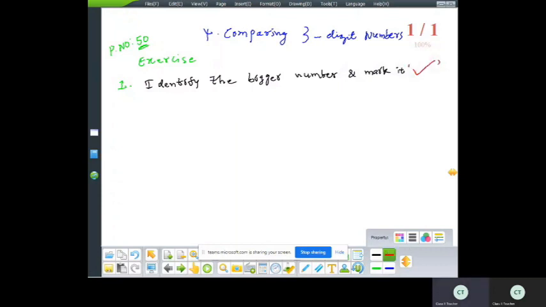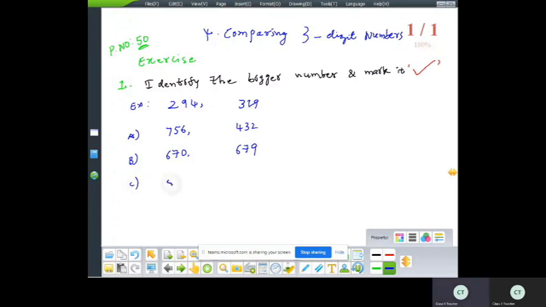Now the example is given also. First one is the example: 294, 319. From here, which is the biggest one? Now, question A: 756, 432. Now B: 670, 679.